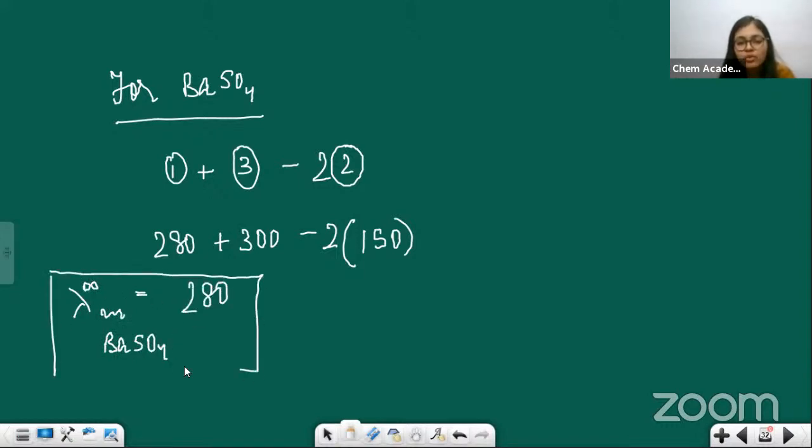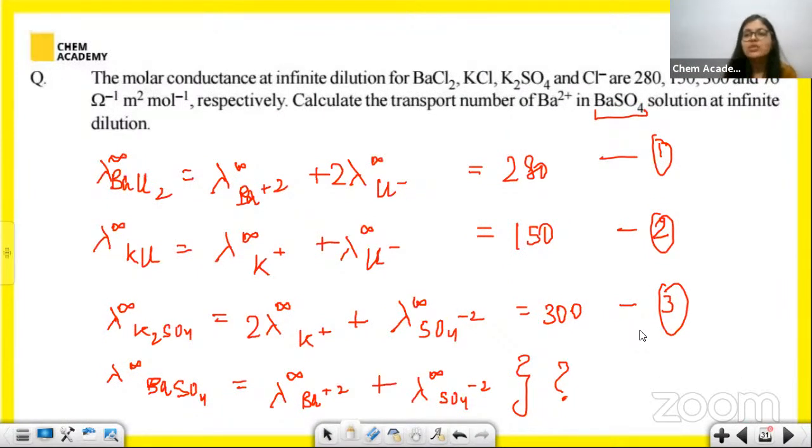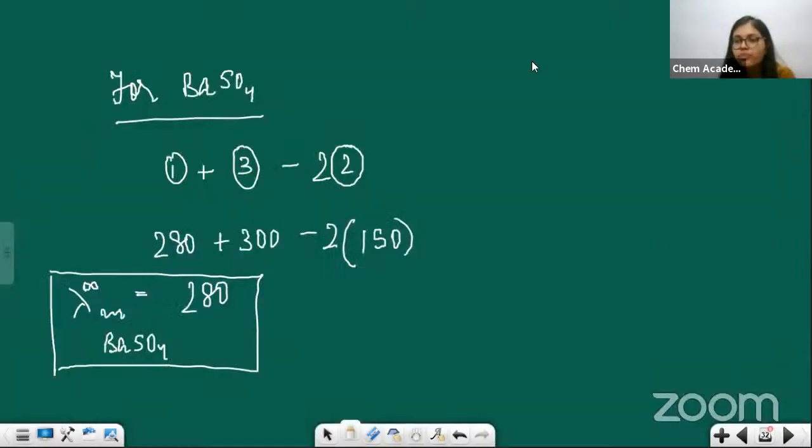Okay. Now, what have we been asked in the question? They have asked us to calculate the transport number of Ba plus 2 in BaSO4 at infinite dilution. So we know that the transport number of Ba plus 2 has the formula lambda m infinity of Ba plus 2 divided by lambda infinity of BaSO4.